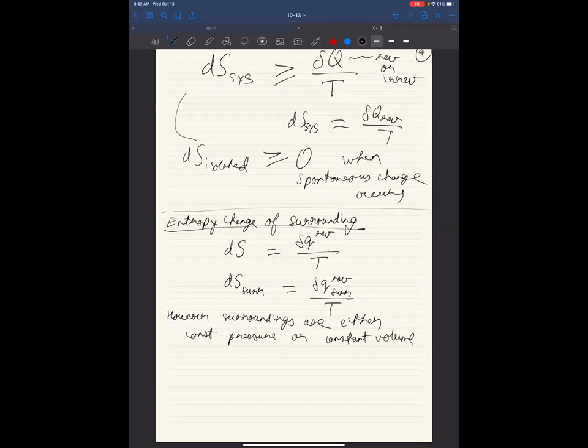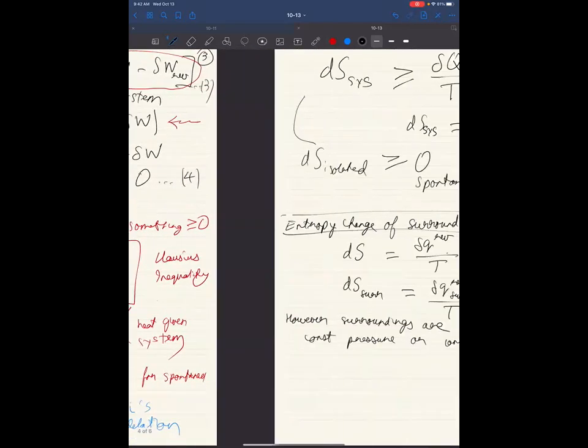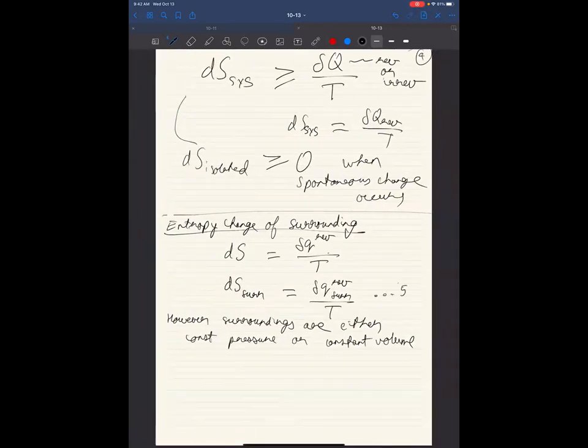Given this, we can do something special with equation 5, let's call it equation number 5. Therefore delta Q of the surrounding, and I want to emphasize, irrespective of whether it is reversible or irreversible, at constant pressure can be written as dH of the surrounding.